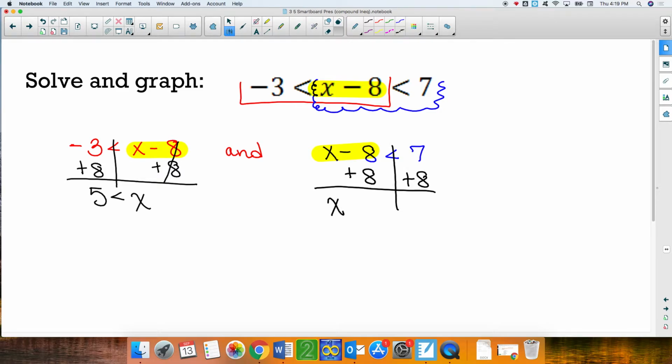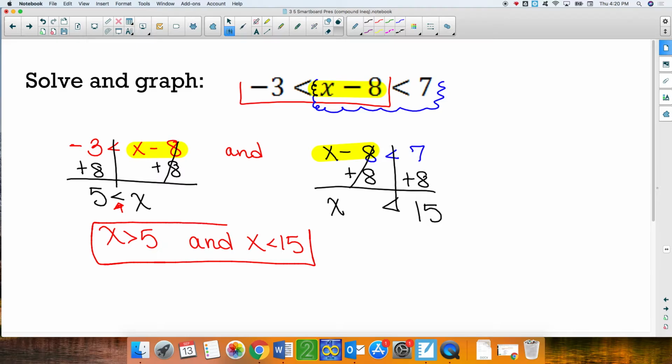Left to right, I'm going to bring down my x, bring down my less than, and bring down my 15. Here are my two answers. I'm going to rewrite this with the variable on the left. Remember, the symbol is eating the x, so it needs to be eating the x down here. So I'm going to write x is greater than 5 and x is less than 15.